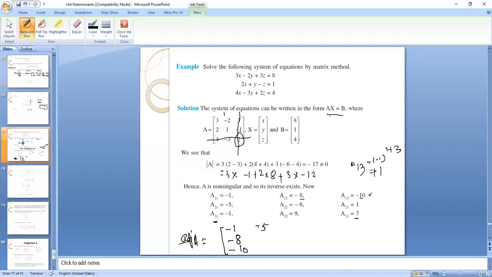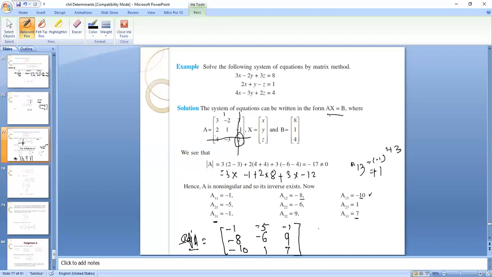A21 is minus 5. A22 is minus 6. A23 is 1. A31 minus 1, A32 9, A33 7. You can write one more step. First write all the elements, then take the transpose, but I have taken direct transpose, right? So this is adjoint A.